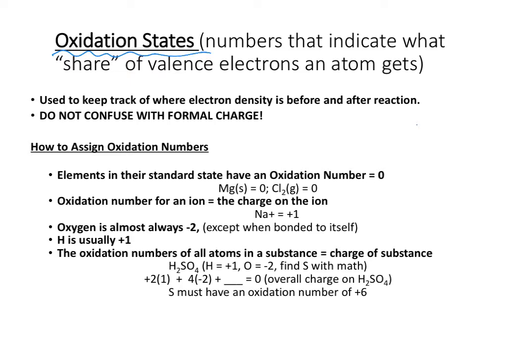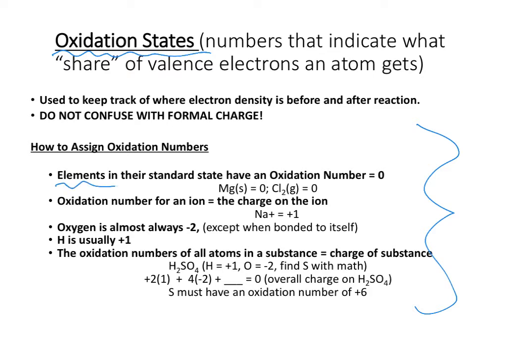So there are some rules you need to keep in mind when you're assigning oxidation numbers. I do want to point out that oxidation numbers are not actual charges. They are kind of just a method for us to see where electron density may be shifting during a reaction. All right, let's look at the rules real quick.